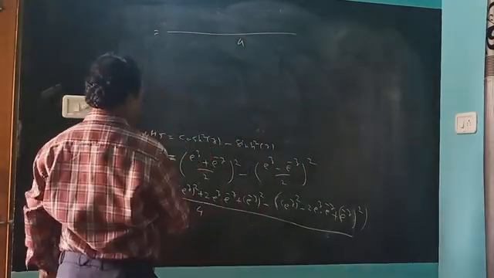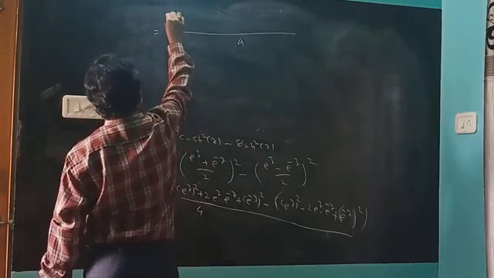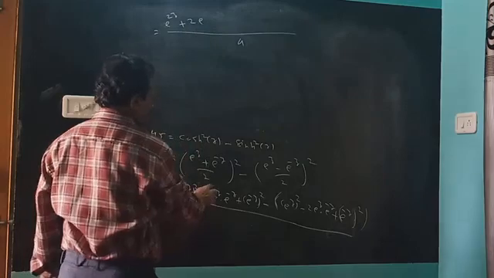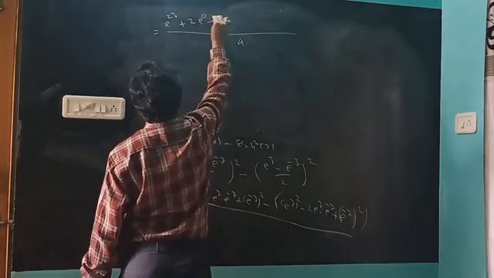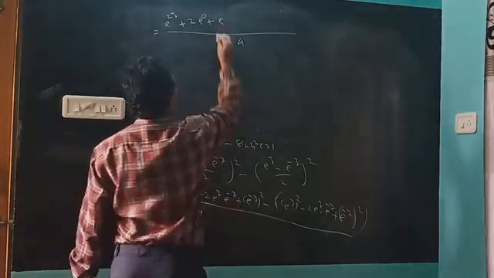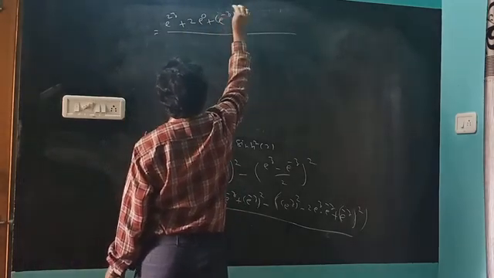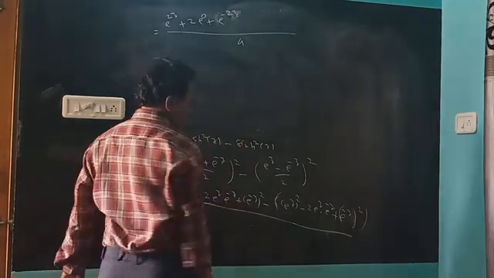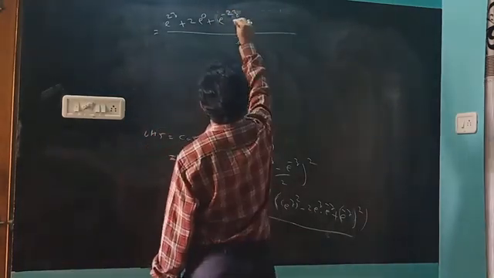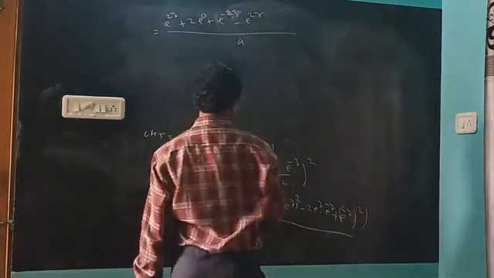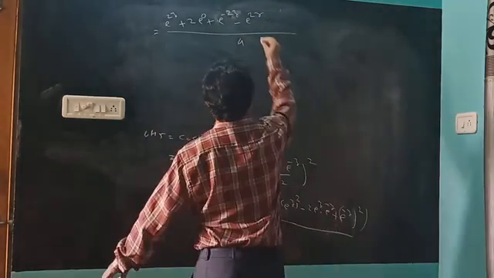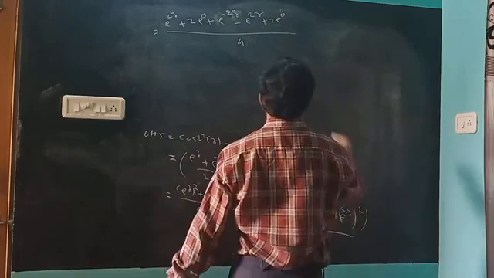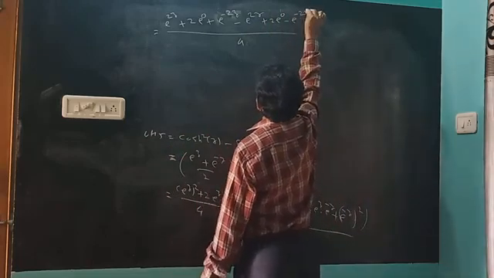So e raised to power z whole square means e raised to power 2z, e raised to power z minus z is 0. e raised to power minus z whole square means e raised to power minus 2z, sign change, e raised to power 2z minus minus plus e raised to power 0 z by 0 e raised to power minus 2z.